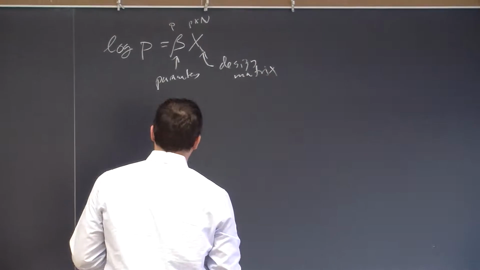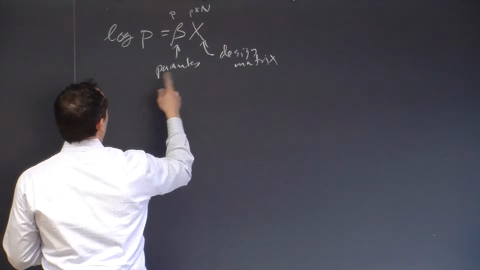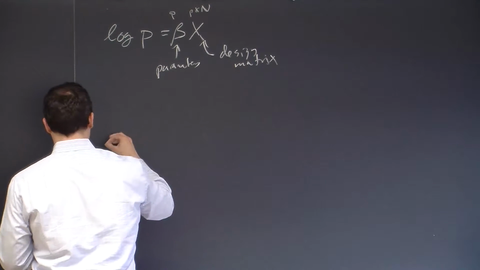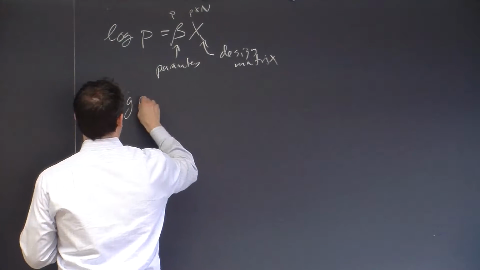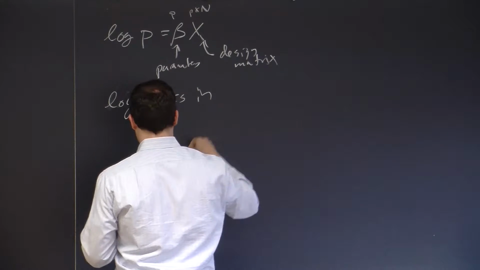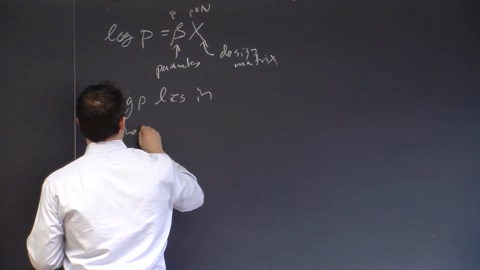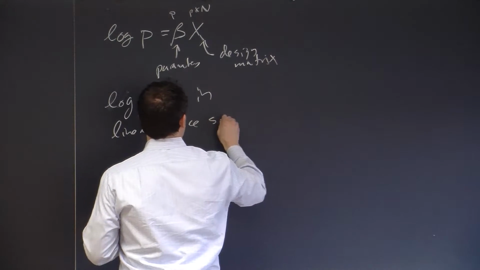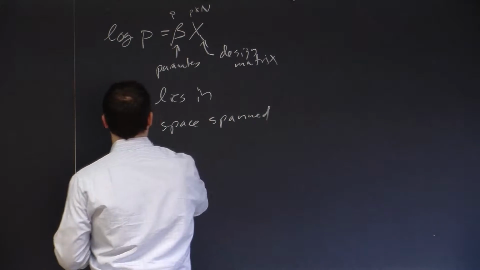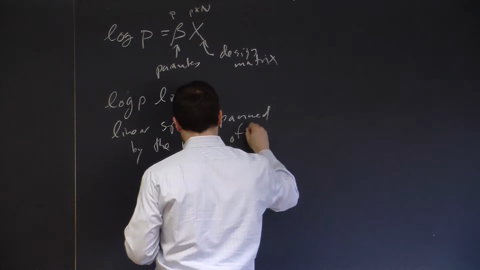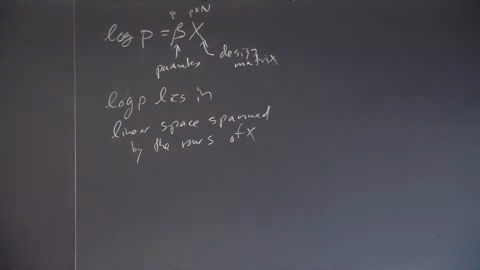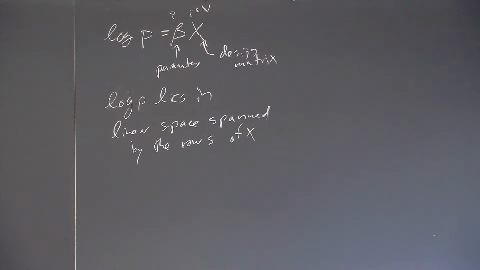In other words, one of the ways to think about what the log linear model is assuming is that this vector log P lies in the linear space spanned by the rows of X. And we'll see in a moment some examples of this kind of matrix and what it does for us in terms of understanding the model.